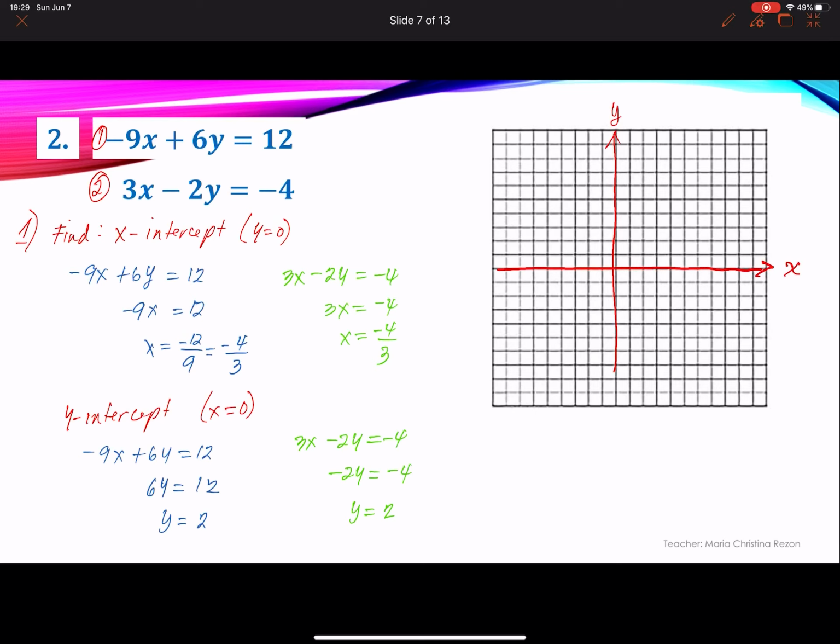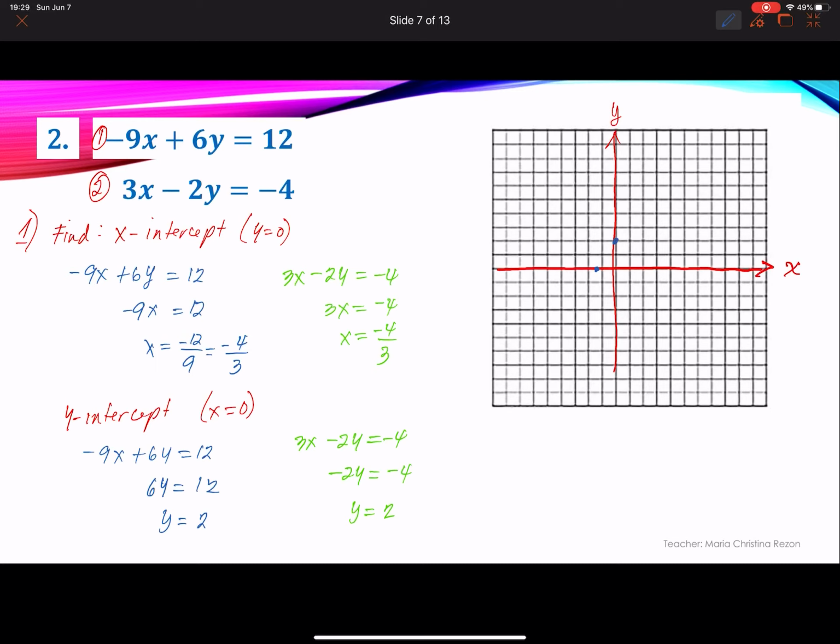Okay. Then for our first equation, the x-intercept is negative 4 over 3, and that is just 1 and 1/3. So 1 and 1/3 is somewhere here. And then our y-intercept is 2, so it's somewhere here.